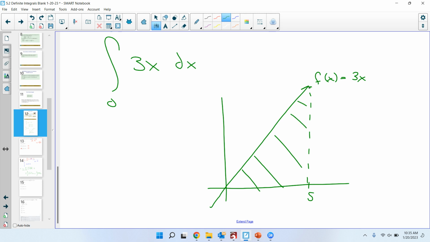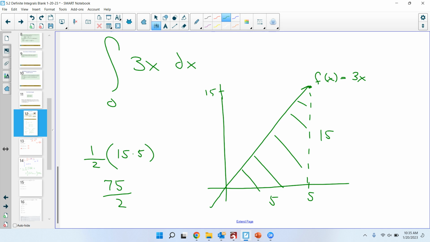What's the height at 5? Well, isn't it 3 times 5? Isn't it 15? What's the base of the triangle? 5. 15 times 5 is 75. 75 halves.